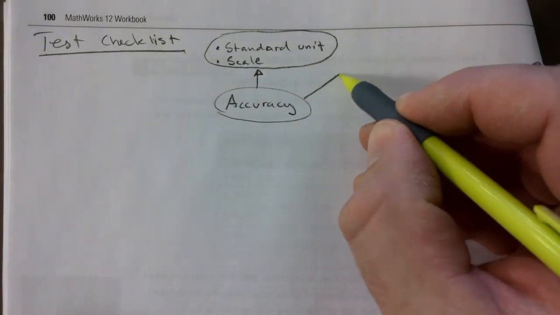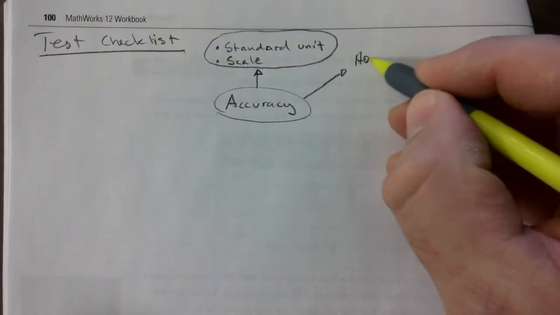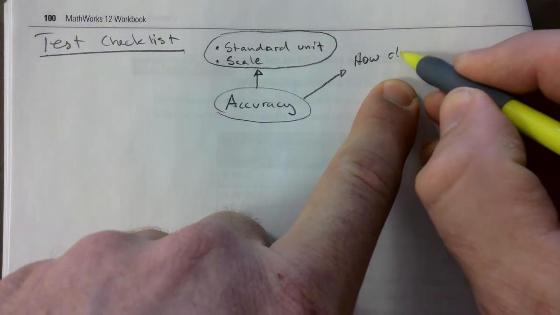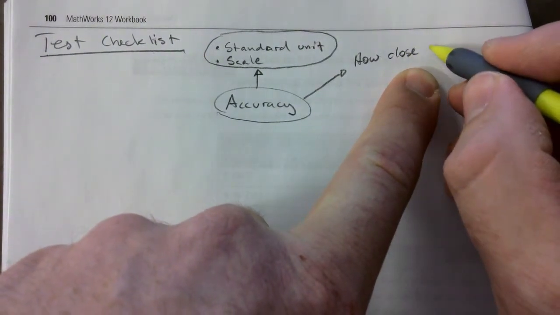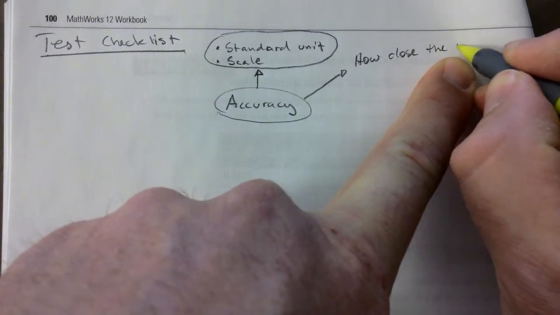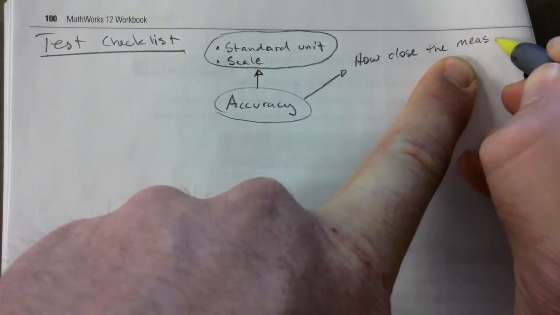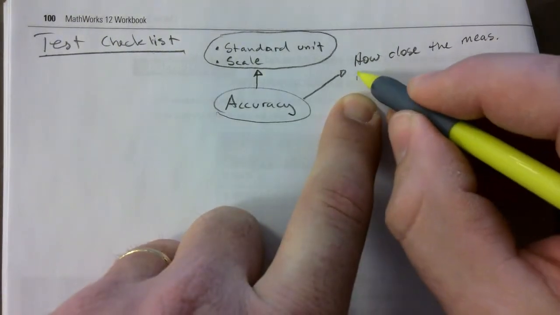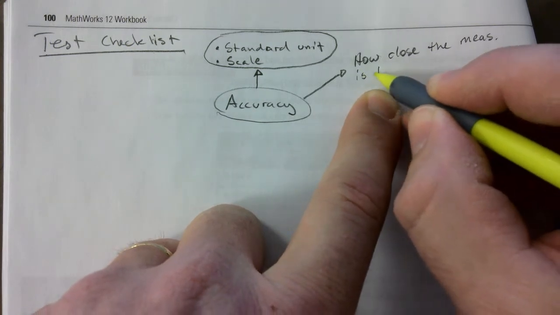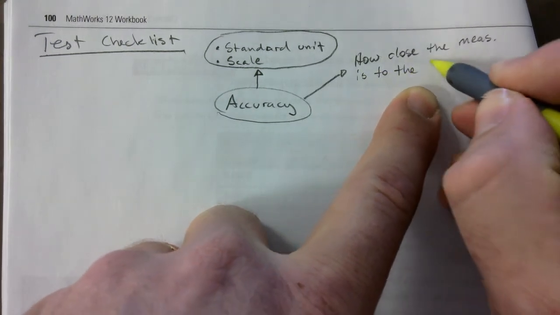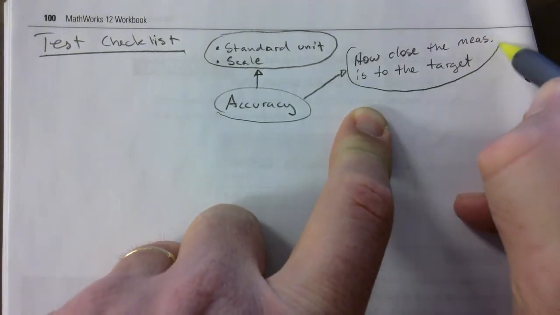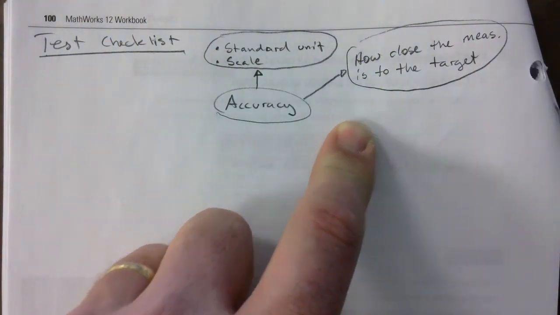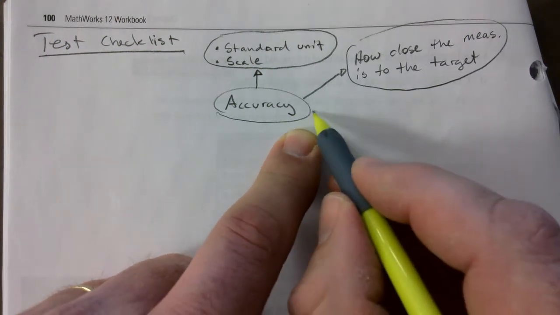We also know it as how close the measurement is to the target. How close the measurement is to the target.